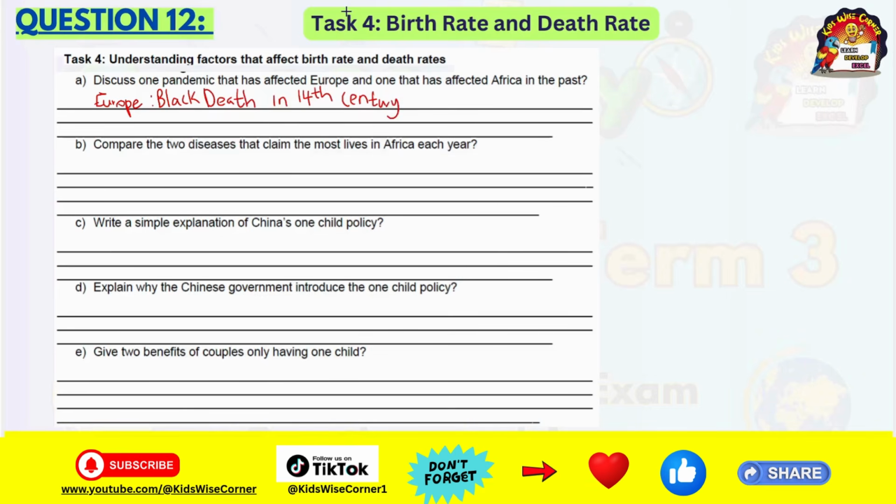And the effect that it had was it killed millions. Almost half of Europe's population. In Africa, the one pandemic that we have is HIV and AIDS. And this has reduced life expectancy.